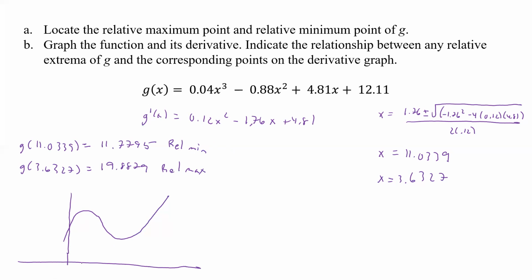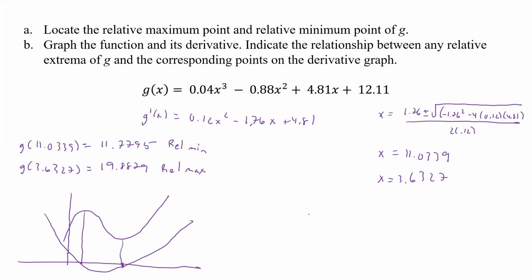Well, it should be crossing. Now I'm going to be running into an issue where I'm going to be too low, but it's going to look something like that, and then it's going to come back up like that. But those are going to line up, okay? And that's going to be a key.